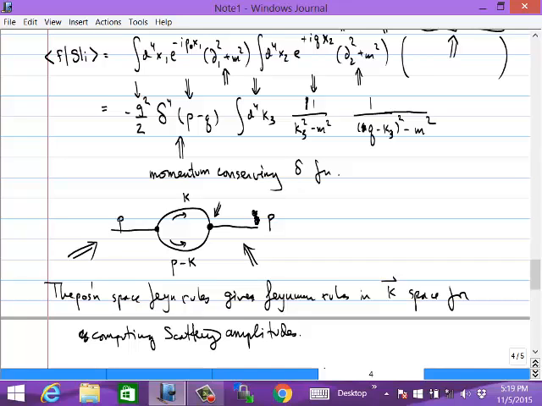You know that you're conserving momentum at this interaction vertex, but it's important to emphasize that the particles moving on these lines are not solving the equations of motion. Remember that particles that solve the equations of motion have k squared equals m squared. These particles are not solving the equations of motion.